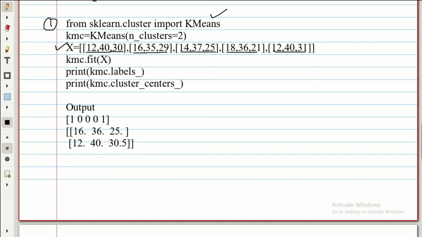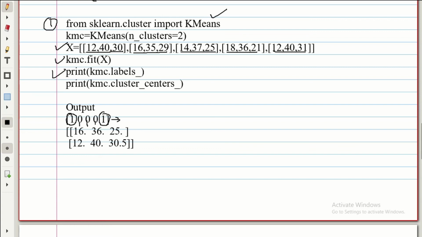Thereafter the machine will get trained, the model will get trained, and here KMC.labels_ will print the labels. So you can see that this output would be from KMC.labels_. That means instance number 1 and 5 would be in cluster number 0, and instances 2, 3 and 4 would be in cluster number 1.